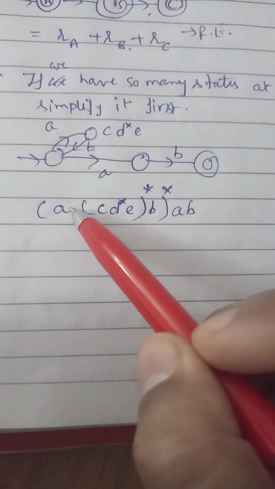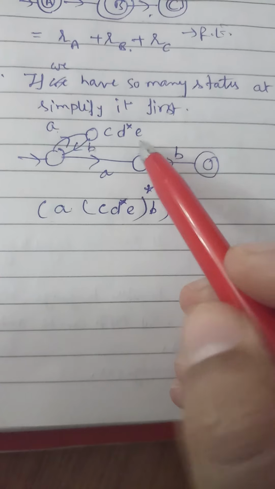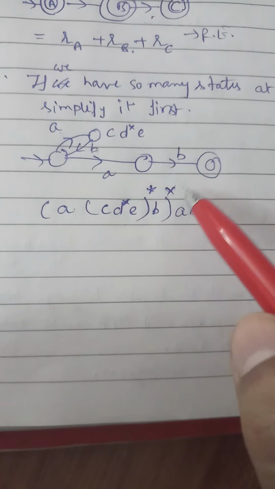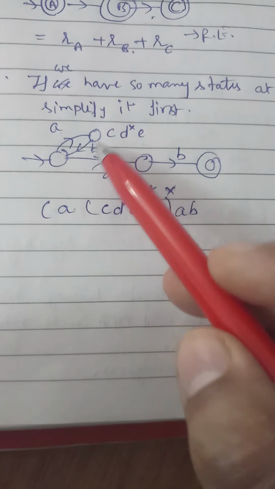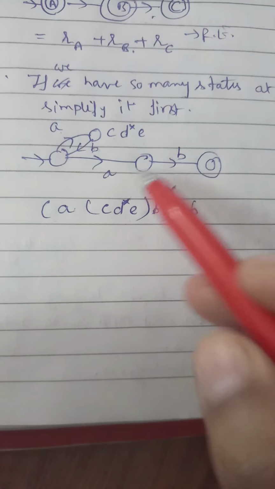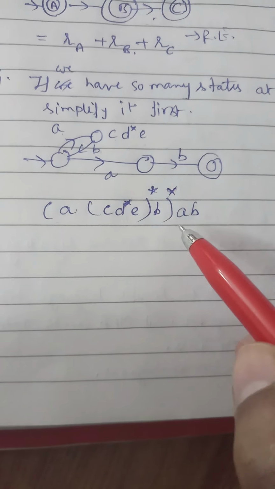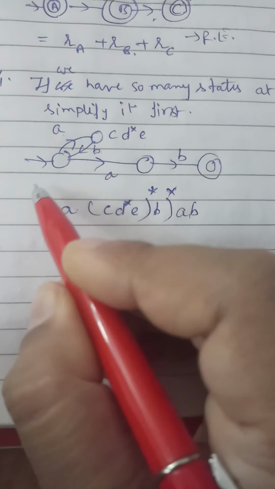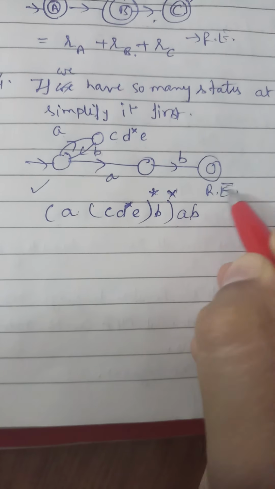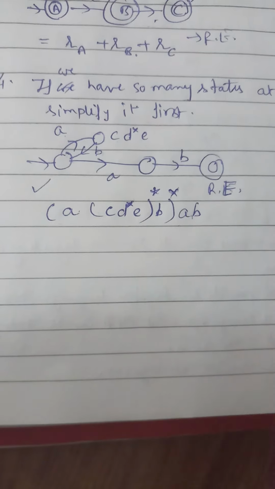This is A, so we write A here. This is C D star E, so it will run multiple times, so that's why we take a star, then B, which is in a loop, so we write B star, and here A B, so we write A B. So this is the regular expression for this machine.